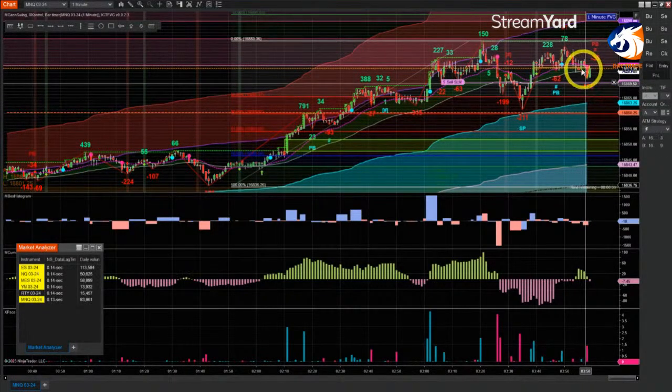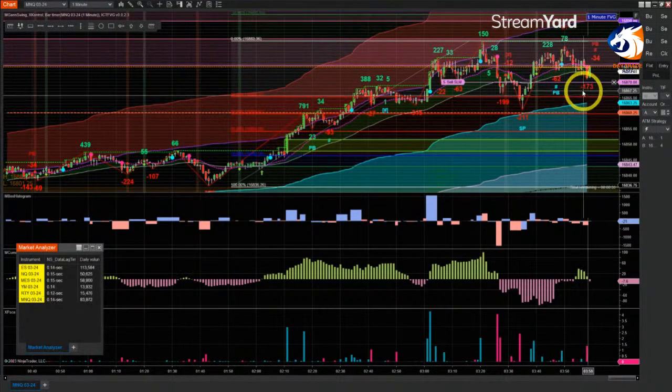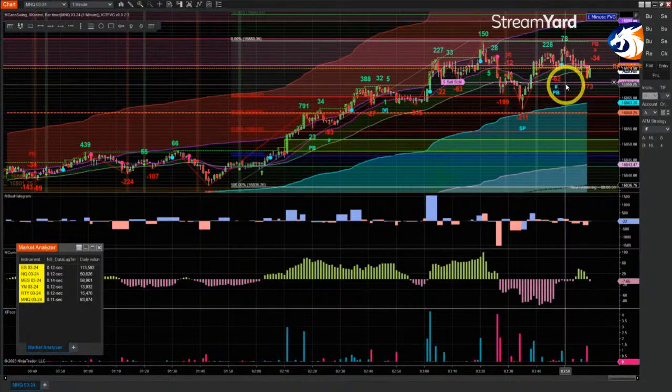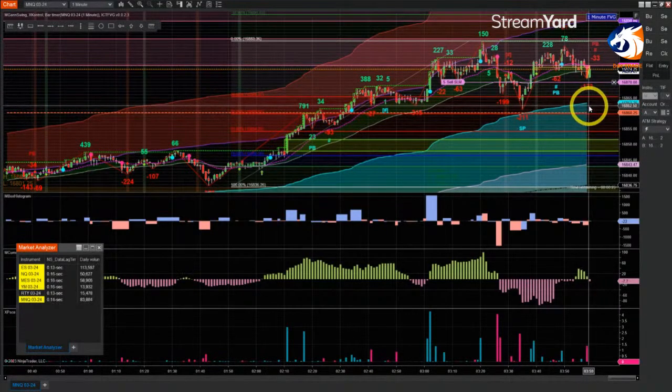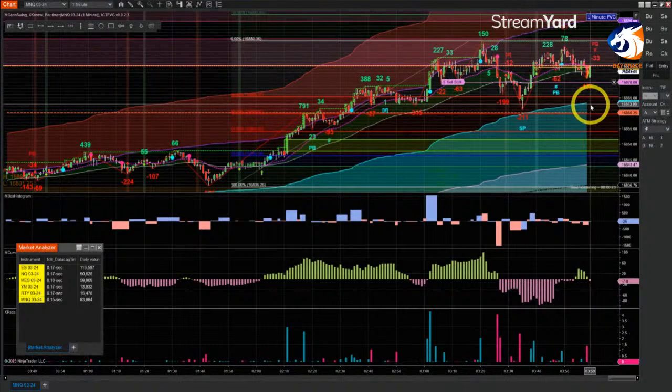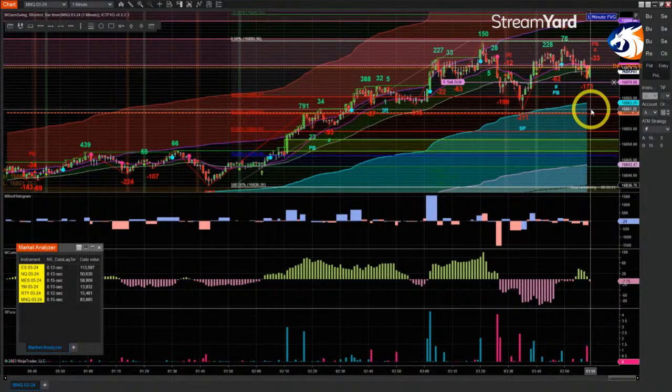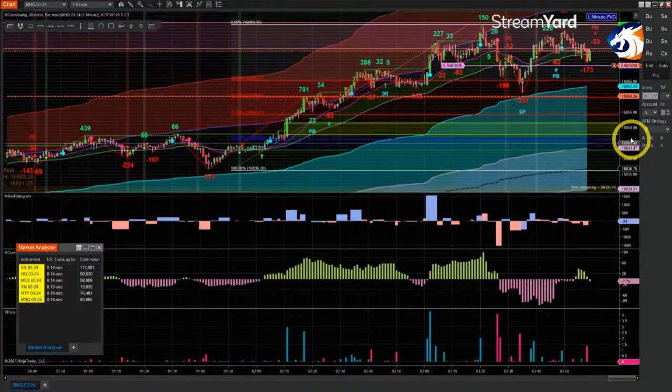Again, I don't want to take these shorts because I want to see a good short when you see the candle here break below, close below the +1 deviation. Then there is a possibility that it may continue going down to test the VWAP down here.